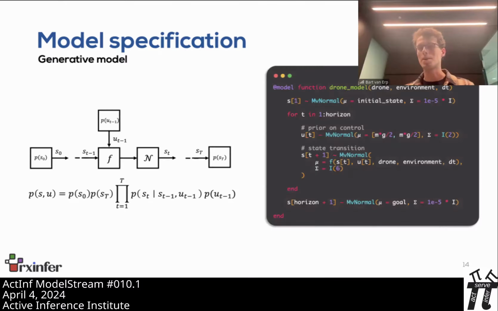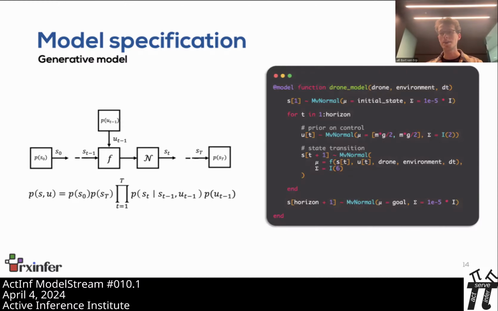How does this look? I'm just going to port it directly into RxInfer. Over the past couple of months, our colleagues have spent significant amounts of time improving our modeling language, which makes it now even easier to craft your own probabilistic models in RxInfer.